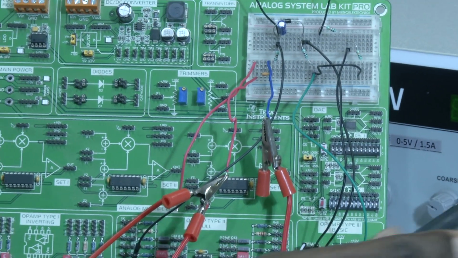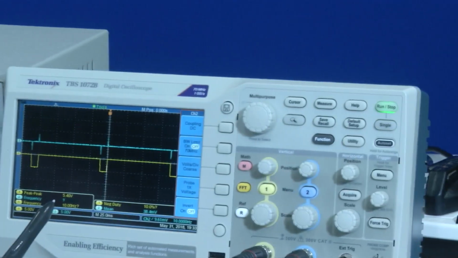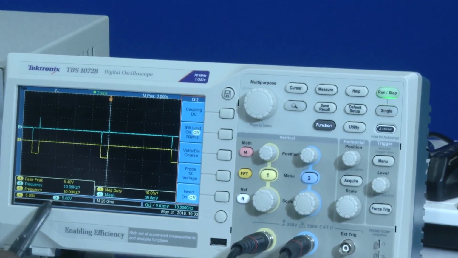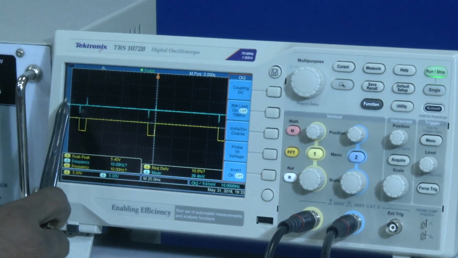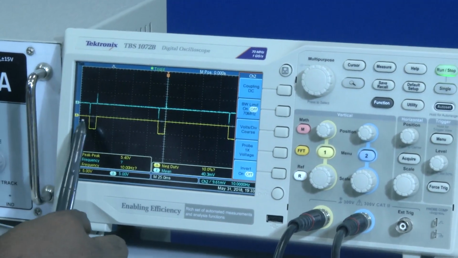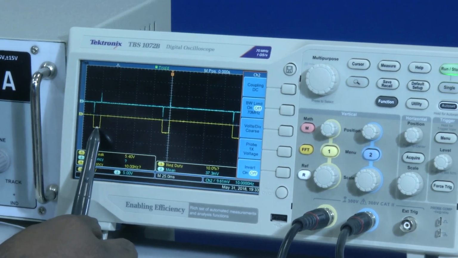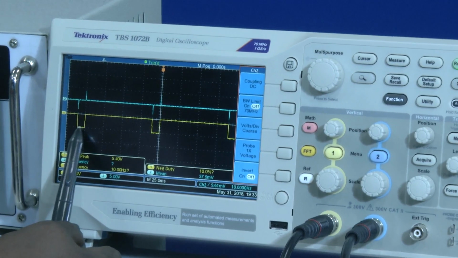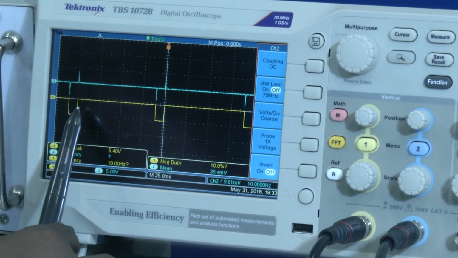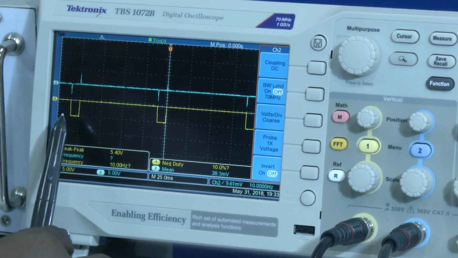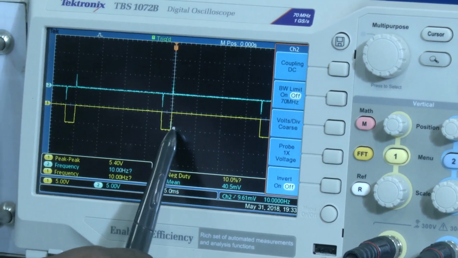When we look into the oscilloscope, we can see that both channels are at 5, but there is a little offset in the second channel. One thing we can observe is that the input is negative for a small duration, 10% if I consider the negative side, and 90% with respect to the positive side, and then goes higher again.